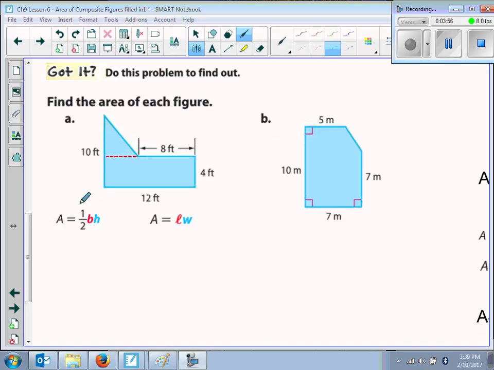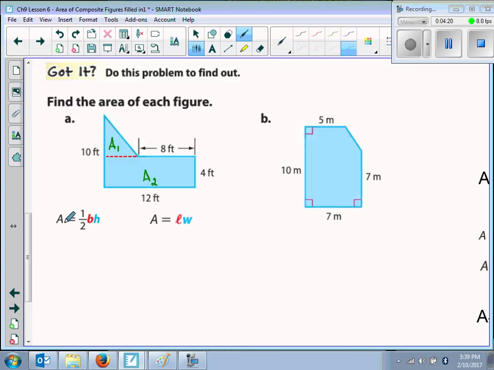The formula for the area of the triangle is 1/2 base times height, and the area for the rectangle is length times width. Now let's call this area 1, and let's call this area 2.